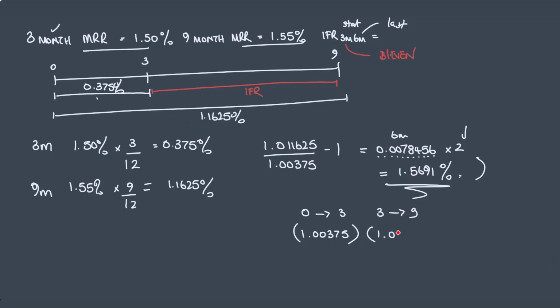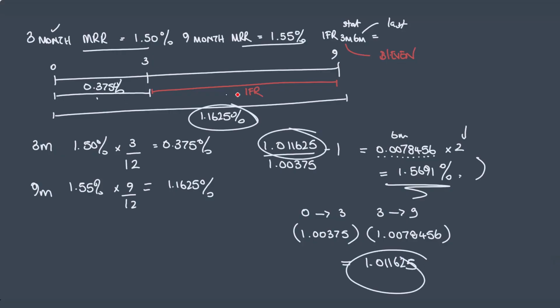So that would be 1.0078456. What do you get if you multiply those two together? 1.011625. There you go. All we're saying is this multiplied by this has to give this. So we have our IFR. That would be the price of an FRA starting in 3 months, lasting for 6 months.